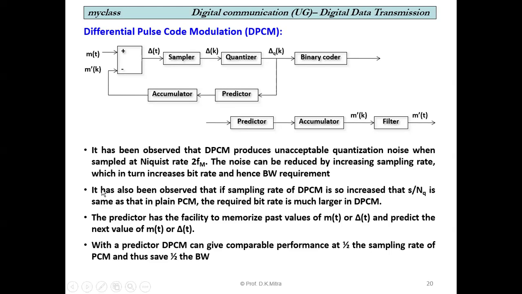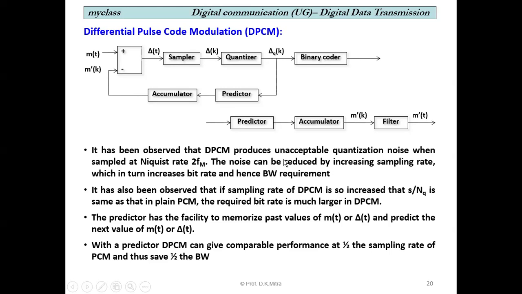Second point, it has also been observed that if the sampling rate of DPCM is so increased that the signal to quantization noise ratio is the same as that of plain pulse code modulation, the required bitrate is much larger.